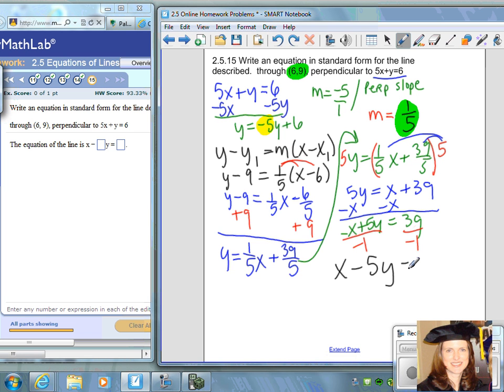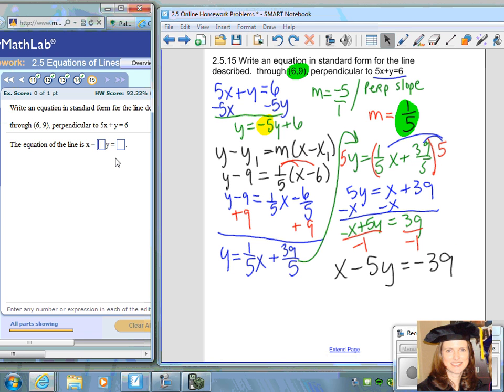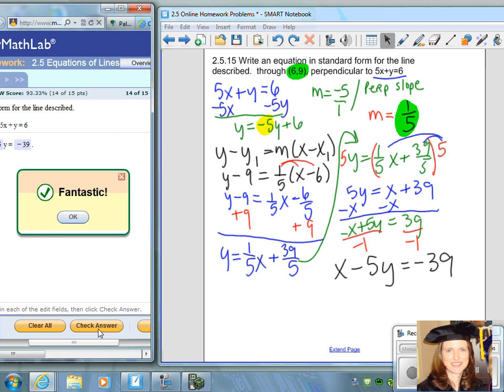And the 39 divided by negative 1 is a negative 39. That's the equation of our line that goes through the point (6, 9) and is perpendicular to 5x plus y equals 6. So this could be x minus 5y equals negative 39. Check the answer. Fantastic.